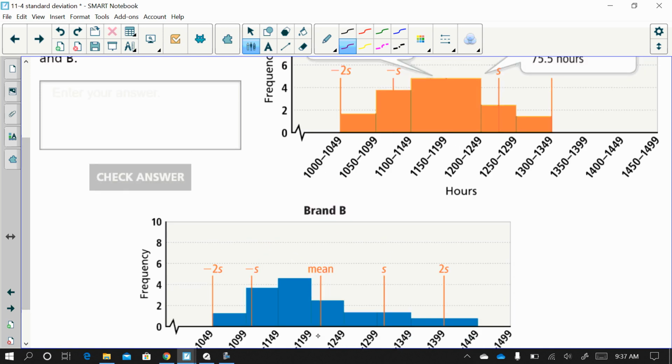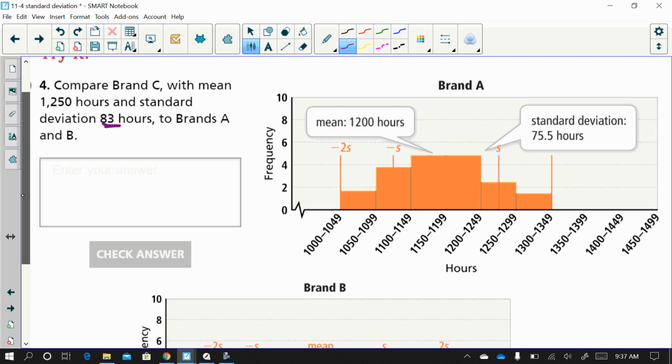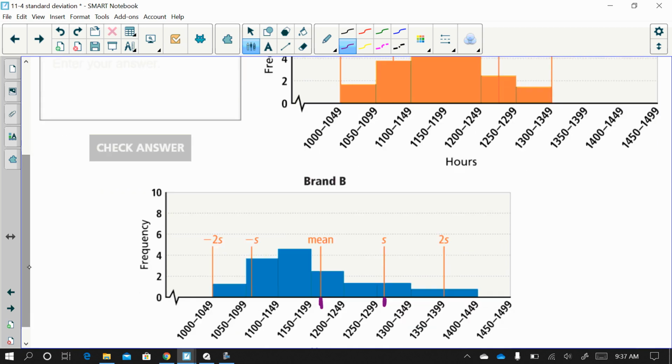It looks to me like it's a lot more than 83 in here, because this is 1200. This looks like it's about 1300. No, more than 1300. This standard deviation is over 100. So brand C is not as reliable as brand A, but more so than brand B.